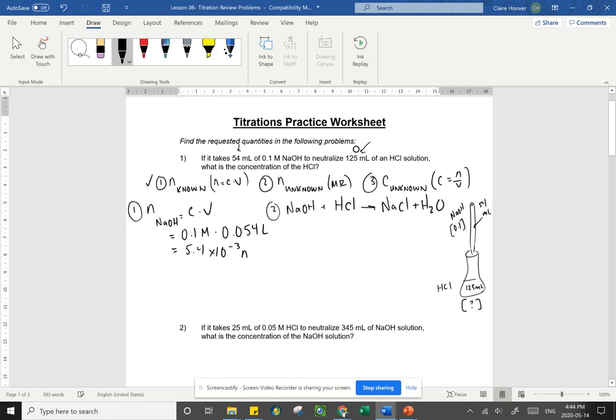If we look, lucky for us, this equation's already balanced. 1 sodium, 1 sodium, 1 chlorine, 1 chlorine, 2 hydrogen, 2 hydrogen, 1 oxygen. So it's a 1-to-1 mole ratio. Okay, so my moles of my unknown, which is in this case HCl, is going to be my moles of my known times my mole ratio, which we are lucky is 1-to-1.